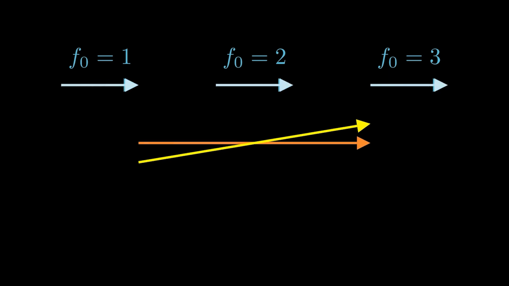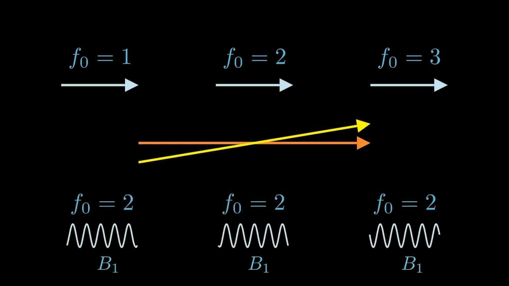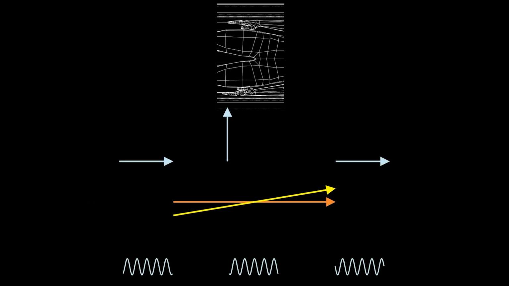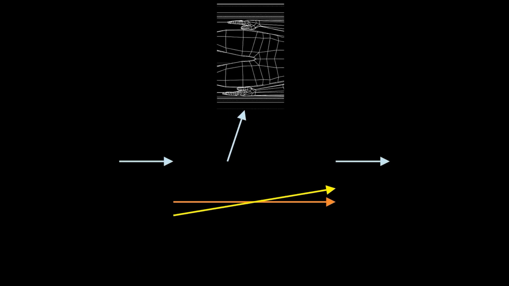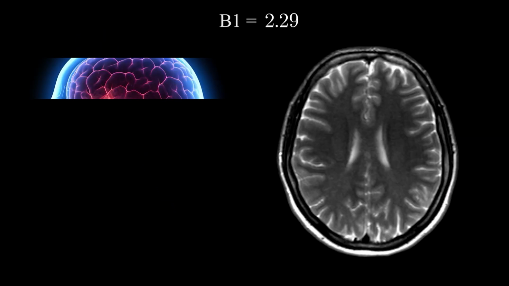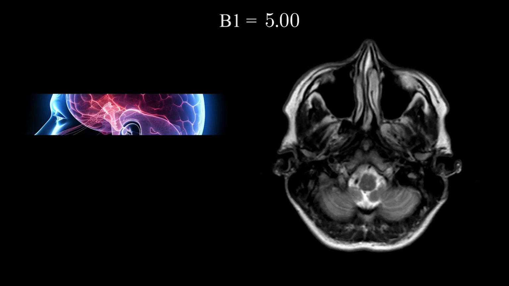If we then apply our transverse field B1 again at a frequency close to that of the atoms in the body's center, only they would resonate, as there would be no resonance with atoms near the head or feet. Being able to choose which atoms resonate allows us to create a slice in the image at the desired height.